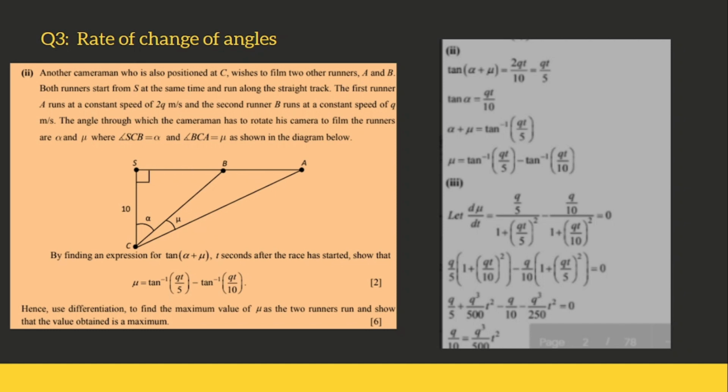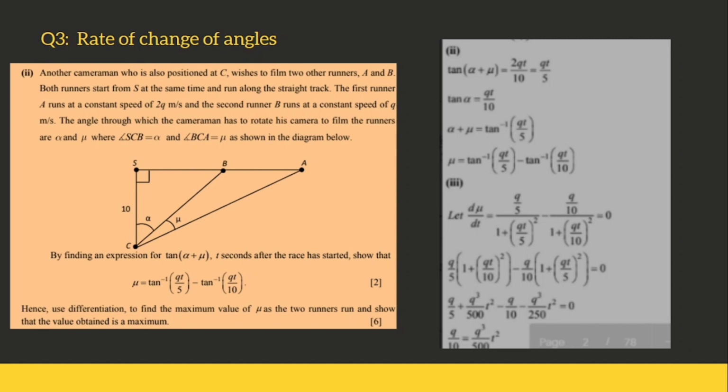So essentially, if you make a little observation, what happens is that we are trying to find the tangent of both angles combined, and then to find mu we just take a subtraction of the larger angle and the smaller angle. To do this, they already say by considering tangent of alpha plus mu.